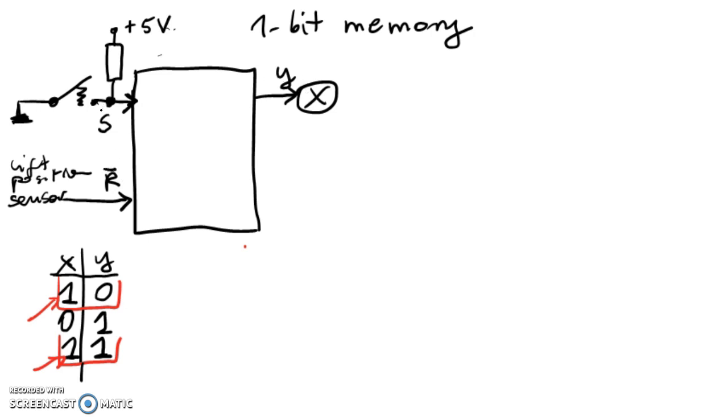So to show that they are active low signals, you put complement bars above S and R. And also to label it in a standard way, the output of this 1-bit memory element is called Q.